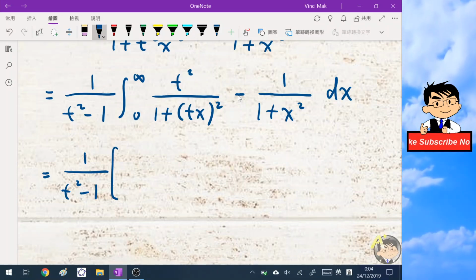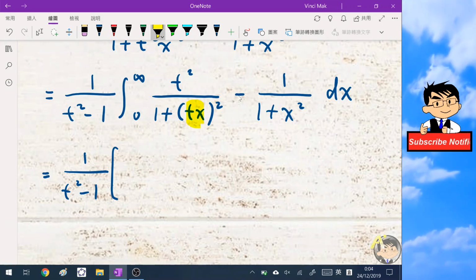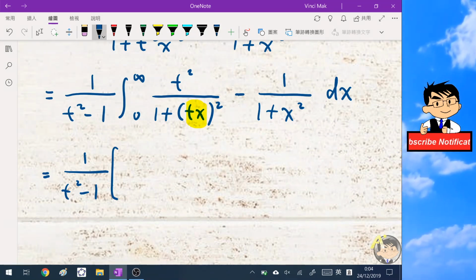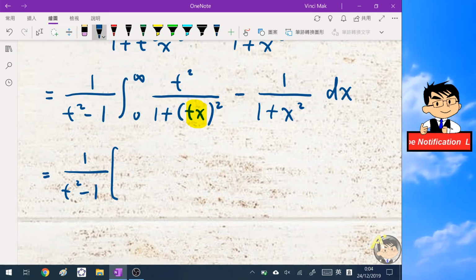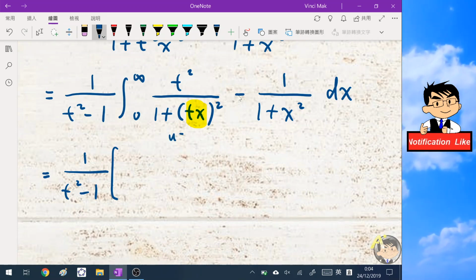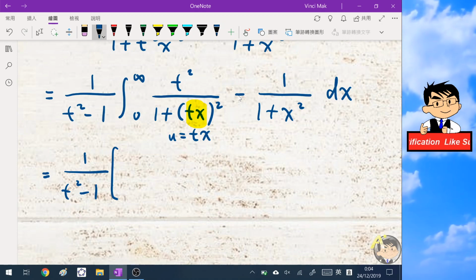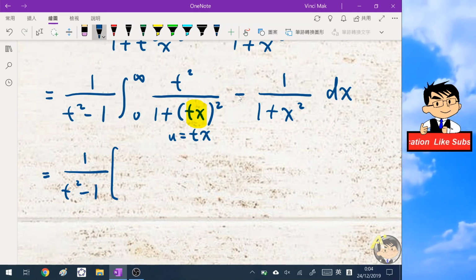We know that if we integrate with tx, we can use a simple substitution, u equals tx. So we will generate a constant.